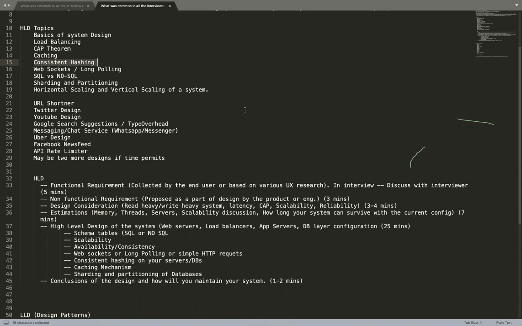If you're an Android or iOS person, you still need to go through the DSA rounds and design rounds. There will be an extra round where they might ask you to design an Android application. But there might be a few companies where they don't ask you to go through the design.